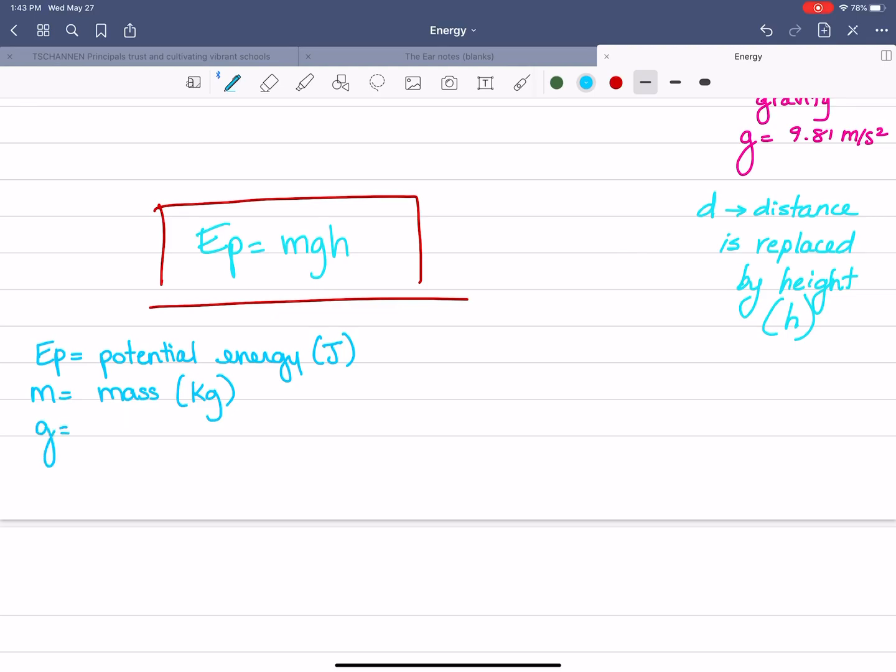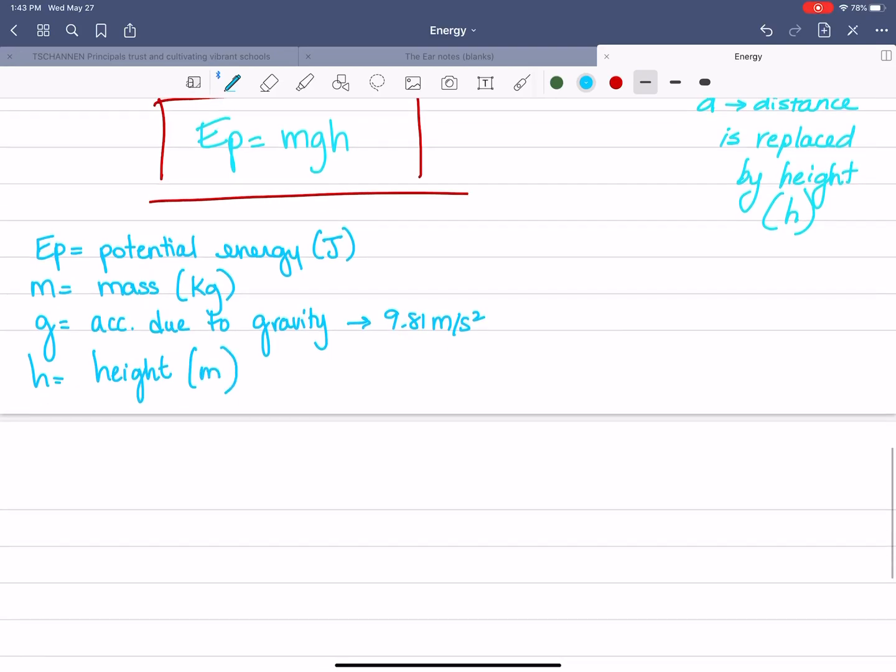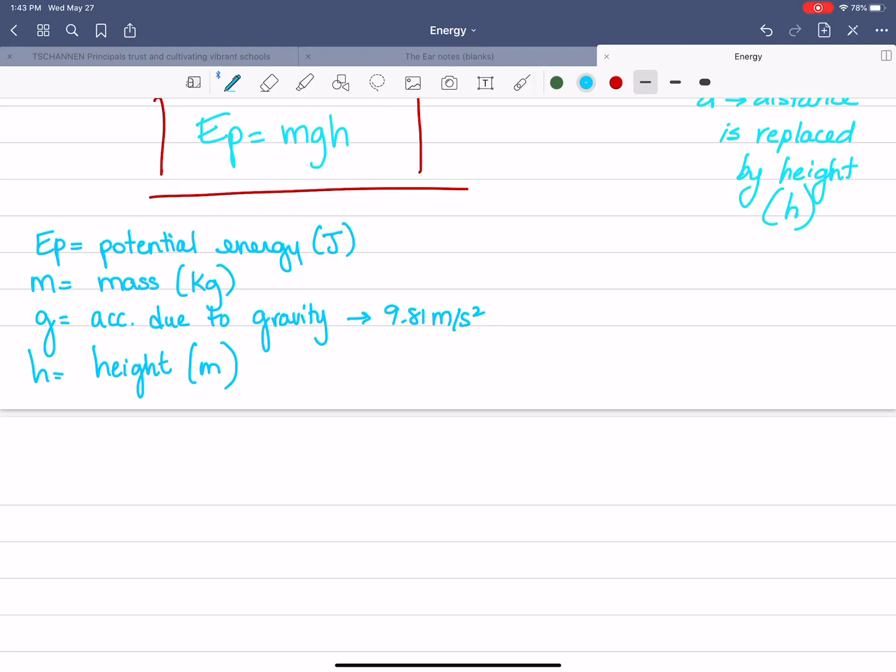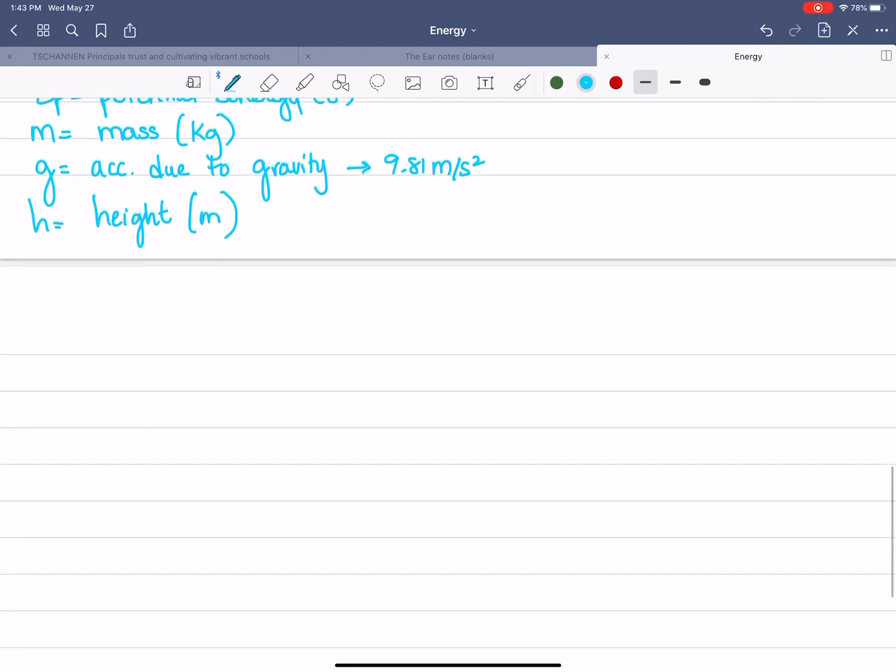G is the acceleration due to gravity, which is 9.81 meters per second squared. So in this case, I'm not just putting the units, I'm also putting the number because it's a constant. It's always the same. And then h is my height. And just like distance, we're going to measure that in meters. Okay, so that's the formula for the potential energy.